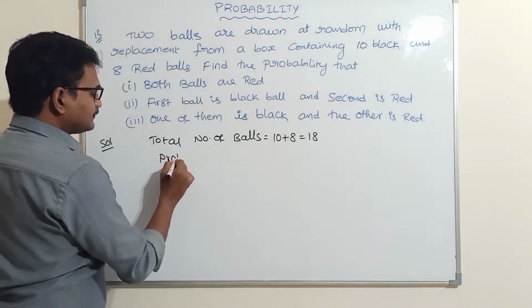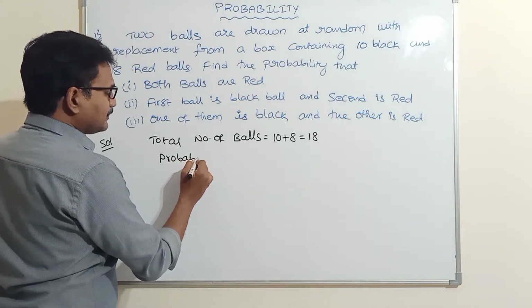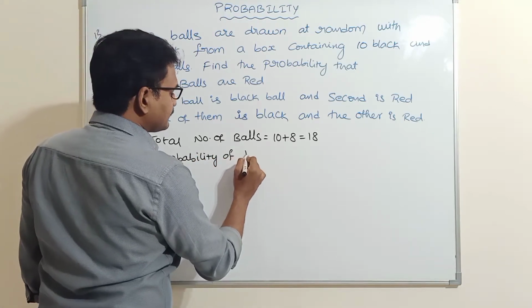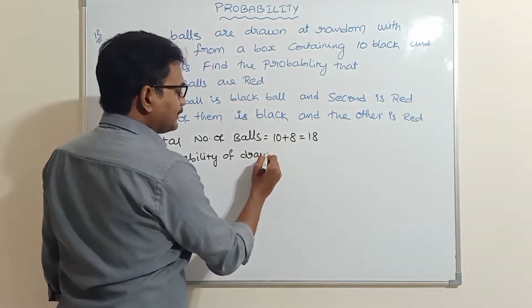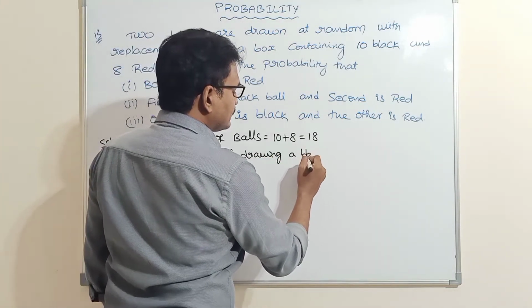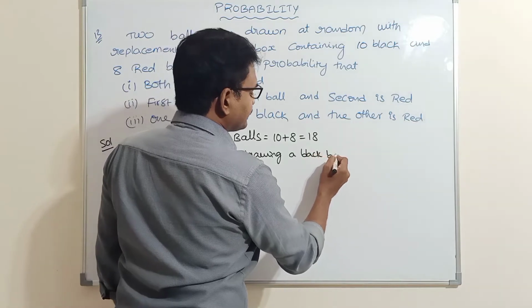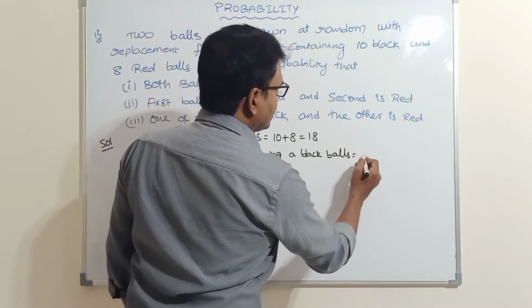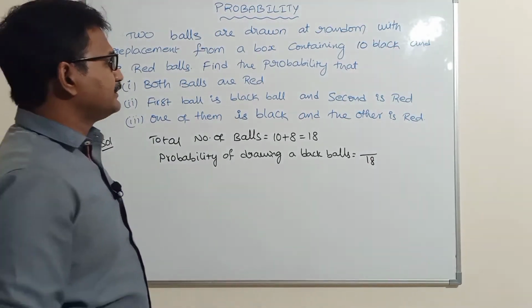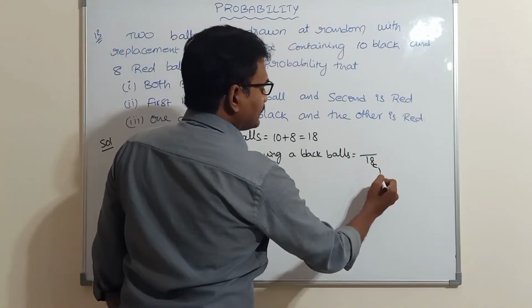First, the probability of drawing a black ball. How many balls are there? Total 18, so n(S) is equal to 18. Out of 18, you are selecting one ball.